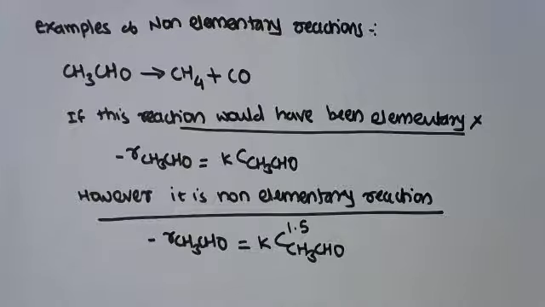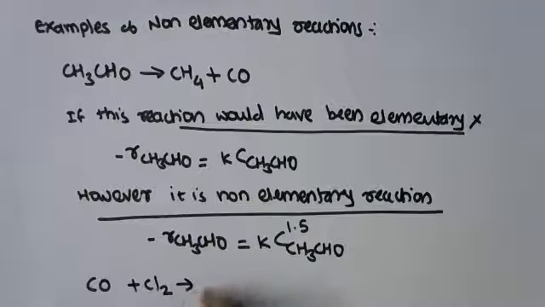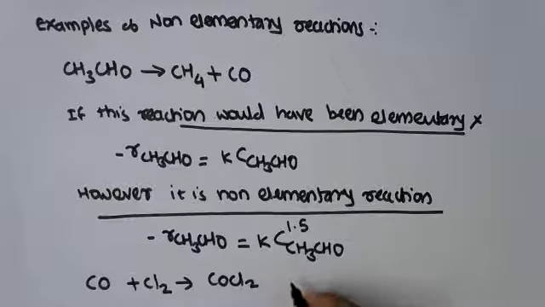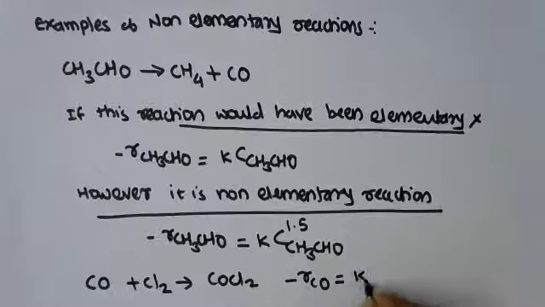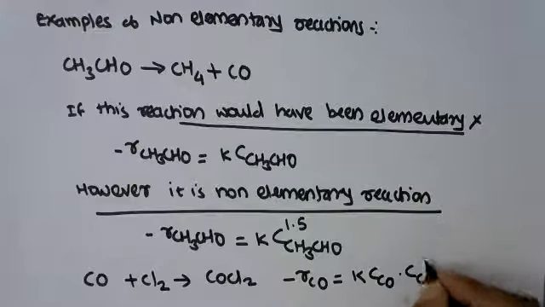So there is another reaction, carbon monoxide reacts with chlorine to give you COCl2, and the format of the rate expression is: rate of disappearance of carbon monoxide is equal to concentration of CO into concentration of Cl2 raised to 1.5.